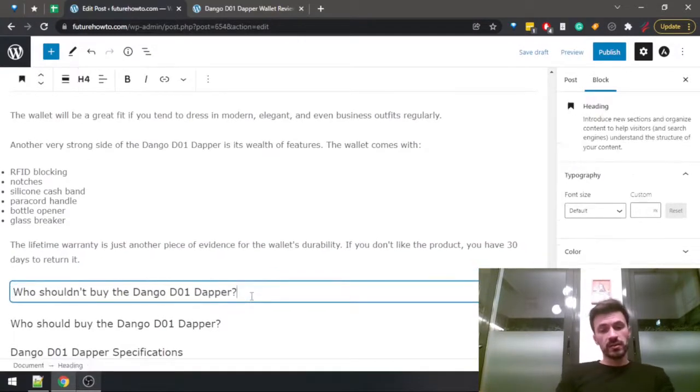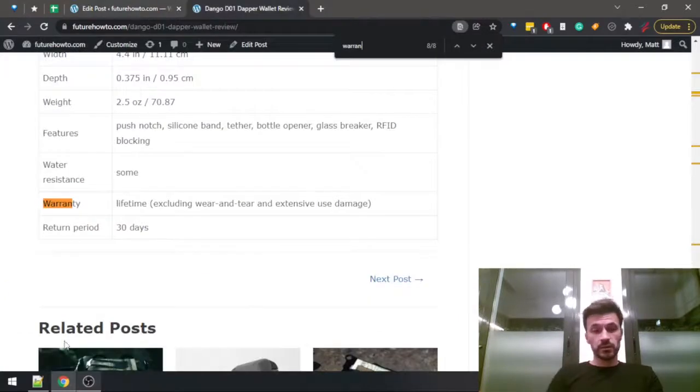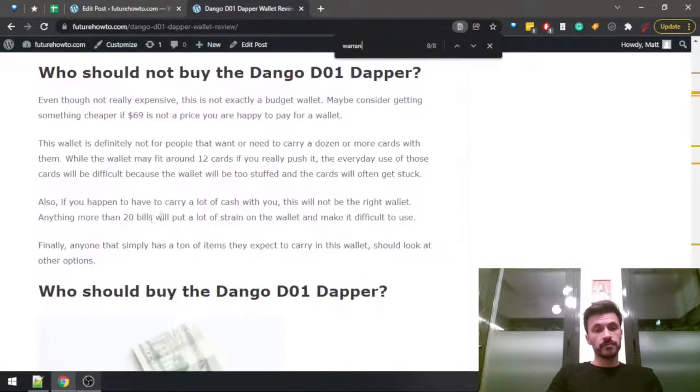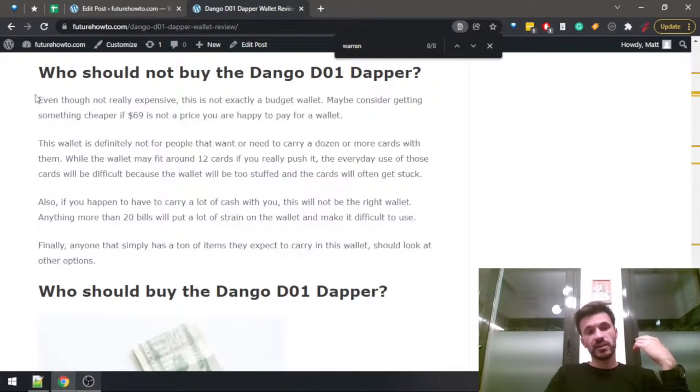Okay, who shouldn't buy the Dango DO1 Dapper? Let's see what we got here. So, who shouldn't buy it? Well, all of the reasons I've specified here kind of defeat the purpose of our next article.